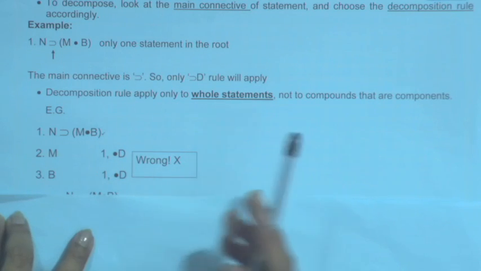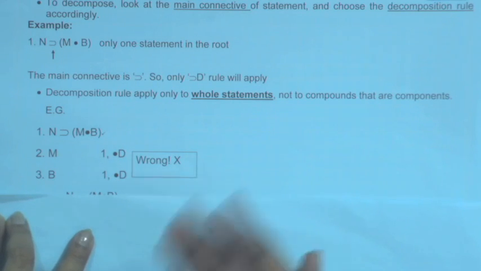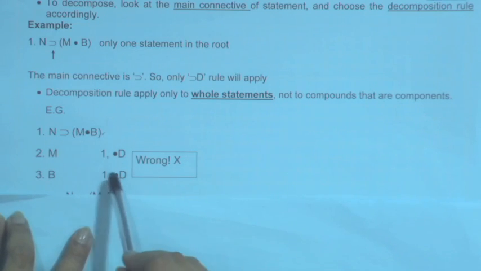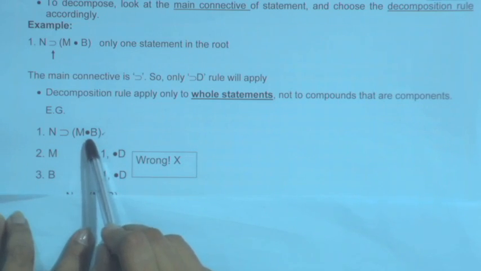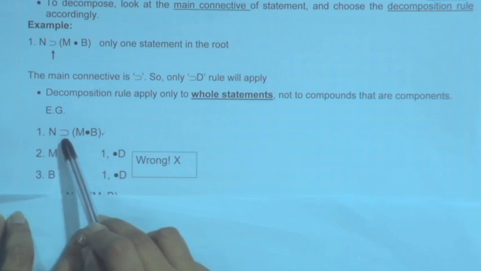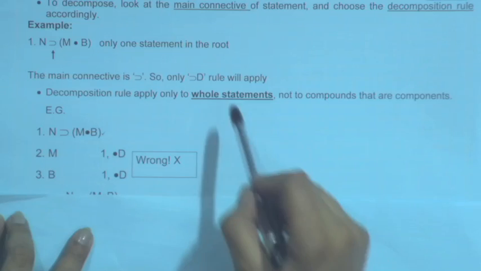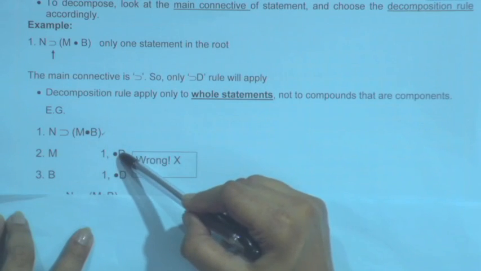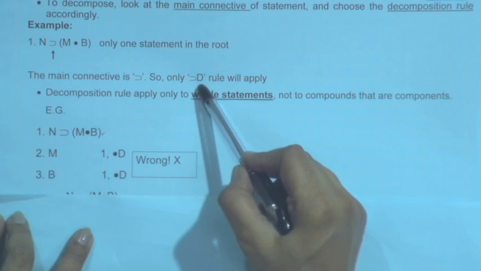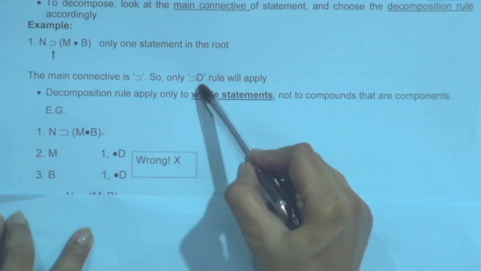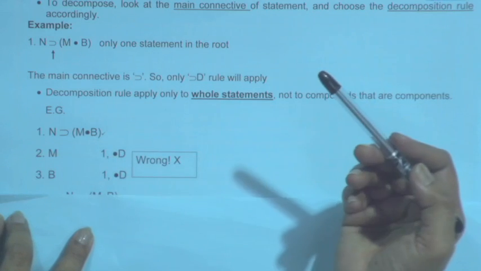The answer is wrong. For everything that I have explained in the last few seconds, you cannot even access this dot until you have broken the horseshoe open. So, I will repeat that the only rule that will apply here is the horseshoe decomposition rule. Why? Because horseshoe is the main connective here.